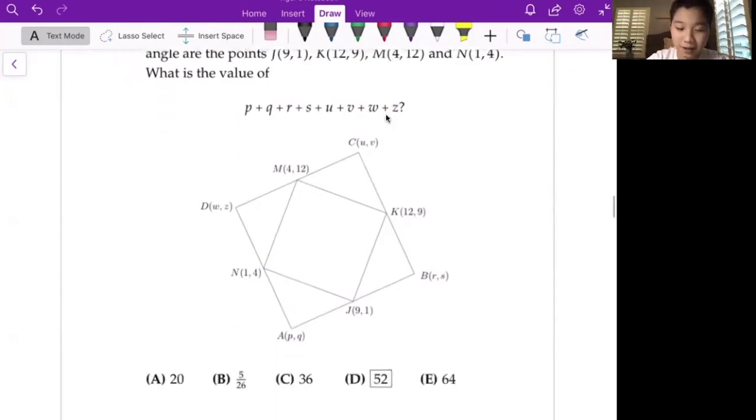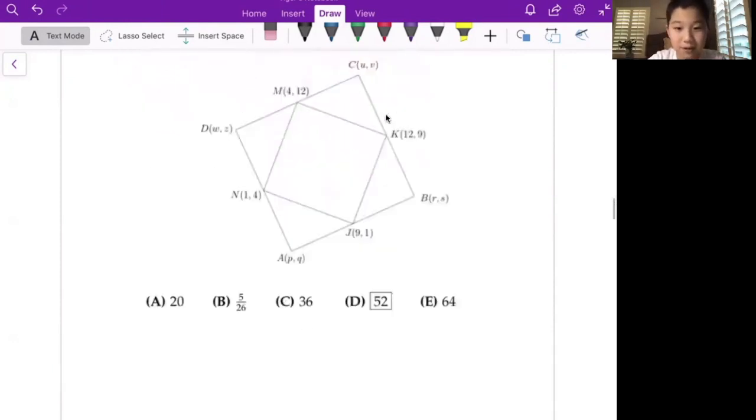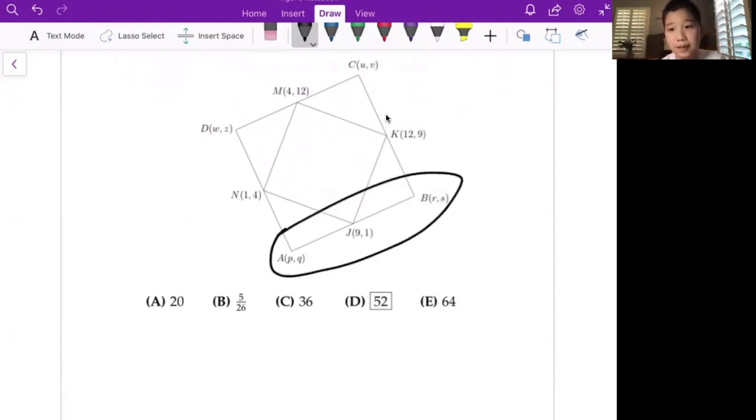So I'm going to show you two methods of solving this. One, use the midpoint formula. The midpoint formula is just telling you that the coordinates of the midpoint are basically the averages of the coordinates of the endpoints.